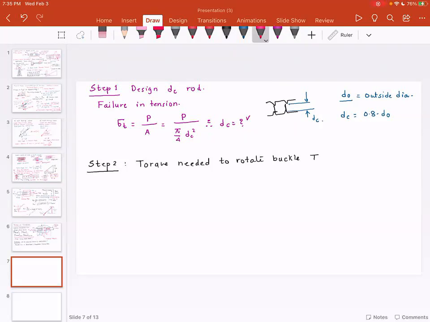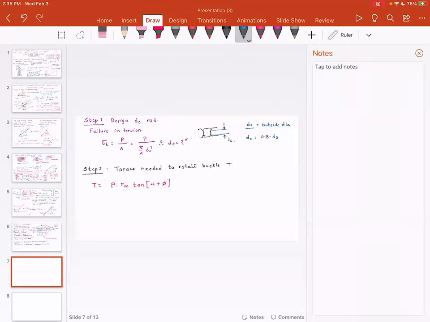So torque is equal to P multiplied by Rm tan alpha plus phi. Now please note, at this point, a lot of quantities are unknown. So let's find out what is known.